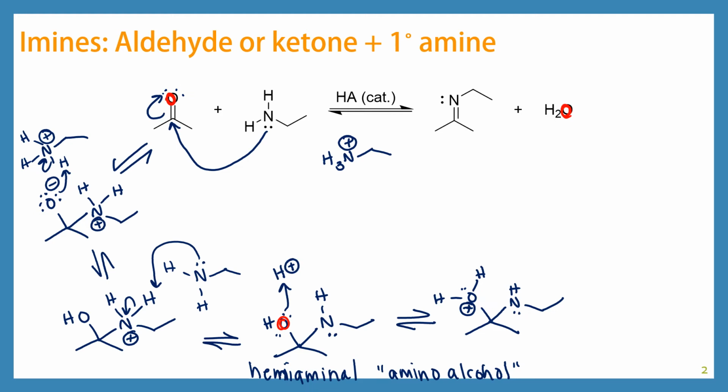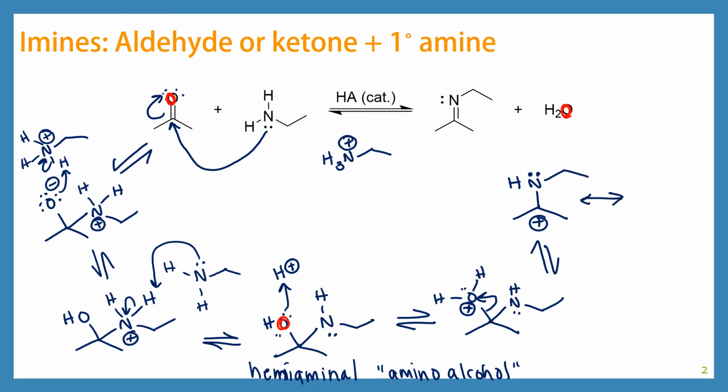I'm going to redraw that arrow real fast. This gives us a carbocation and our amine next door. So the only thing that we have left at this point is actually to draw out a resonance form and then just do one last proton transfer.